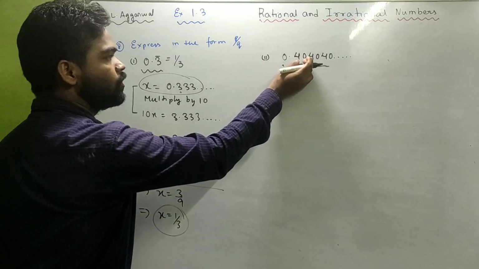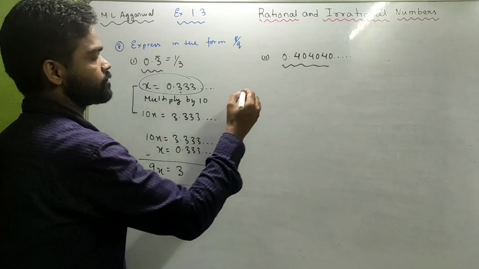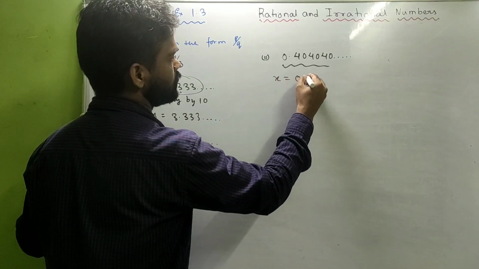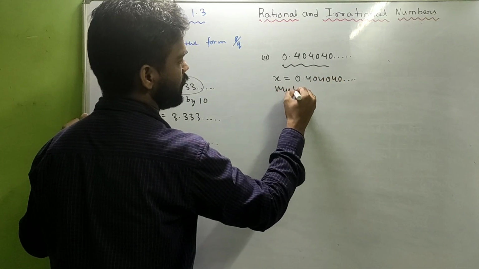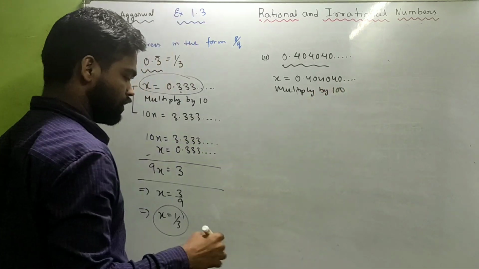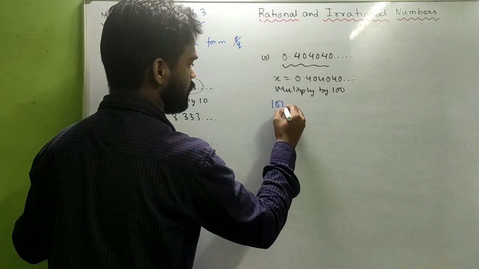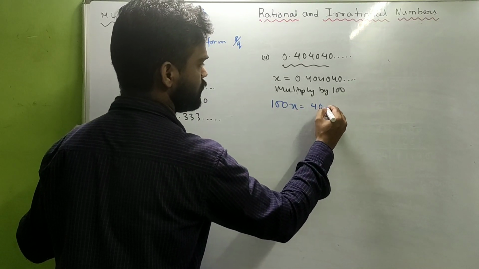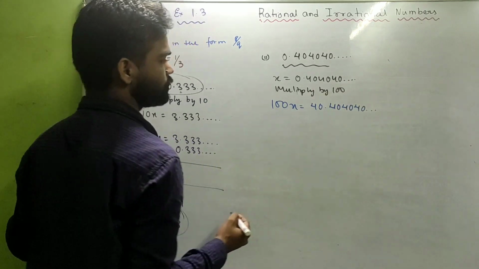Now look at this. Over here, 2 digits are repeated, so we'll multiply by 100. I'll take this as x. When you multiply by 100, what do you get? We get 100x equals 40.404040 dot dot dot.